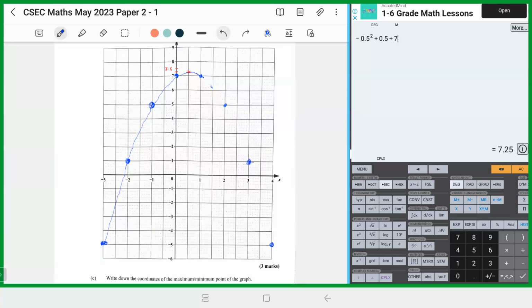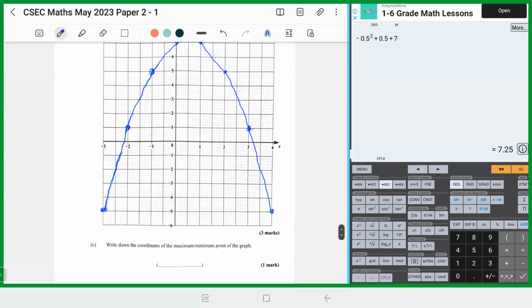Let's do this part over. All right, that's it. That will be good enough. CSEC will accept that.